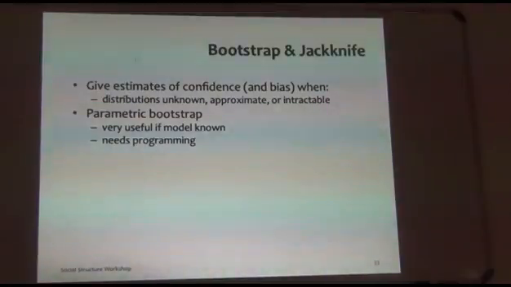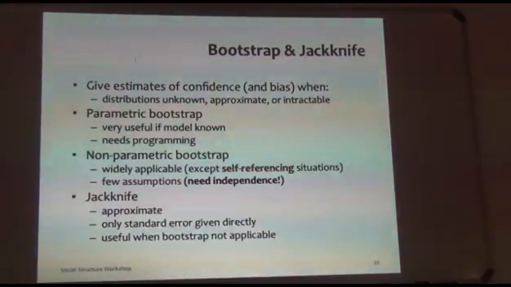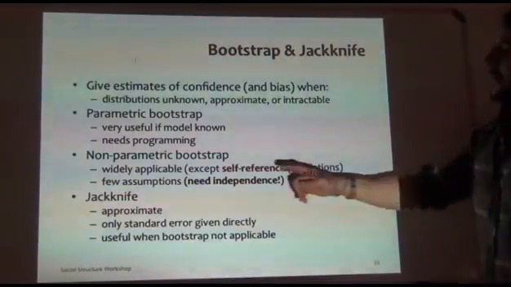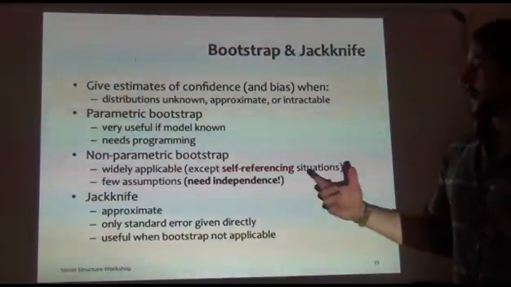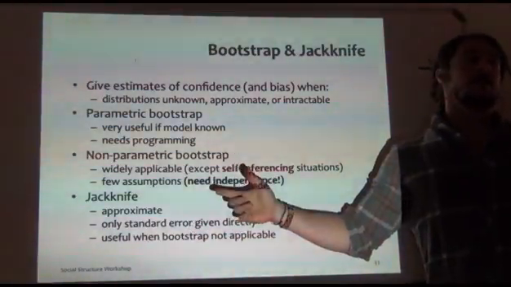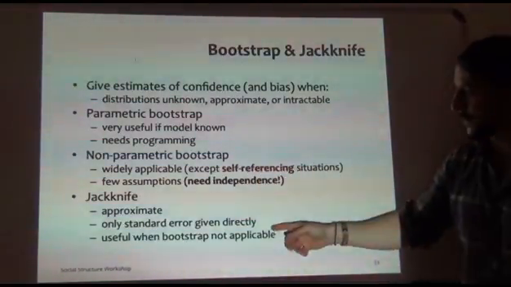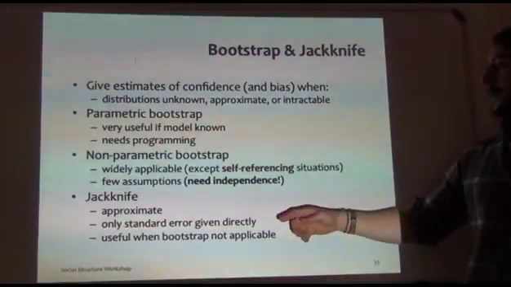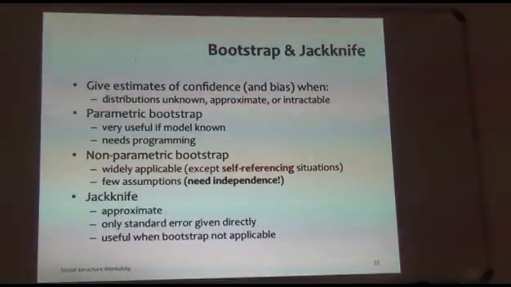That's why I skipped it. The non-parametric bootstrap has fewer assumptions and is usually very applicable. The Jackknife gives you an approximate estimate, and it's better to use the standard error because the confidence intervals assume normality. It's useful if the bootstrap is not applicable, then go for Jackknife. So I think bootstrap is your way to go.